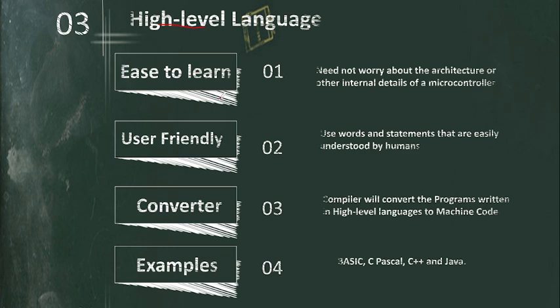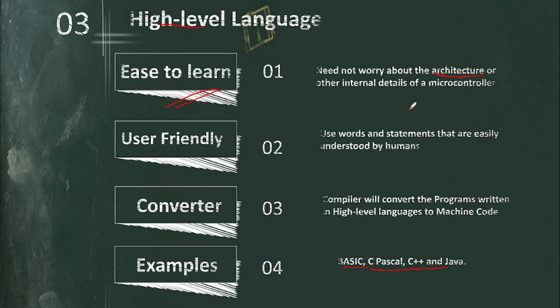So high level language is easy to learn. That is one advantage. I have just mentioned a few advantages here. You need not worry about the architecture. For example, we have C, Pascal, Java, C++ and Basic as examples of high level languages.